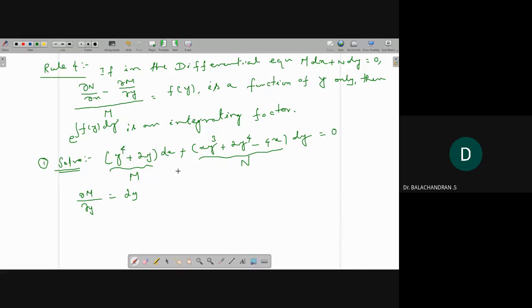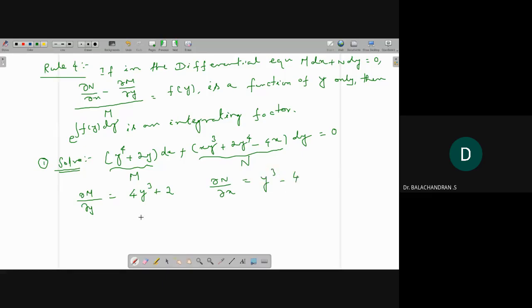Partially differentiating with respect to y, we get 4 y cube plus 2. And dou n by dou x is equal to y cube minus 4.